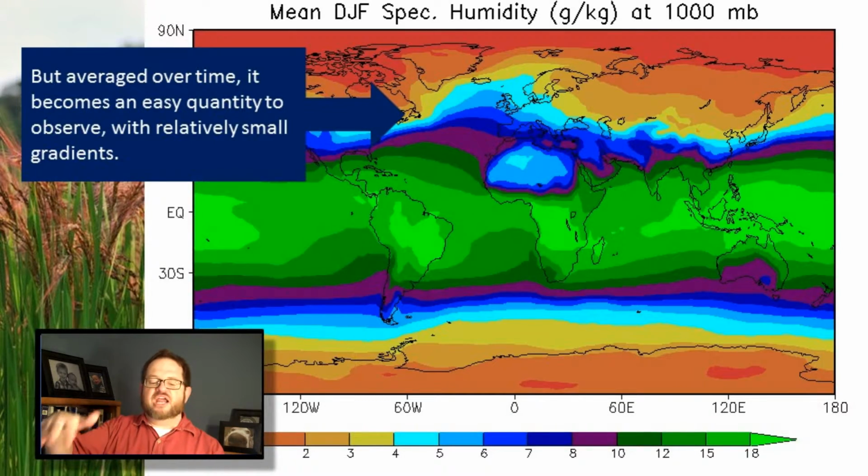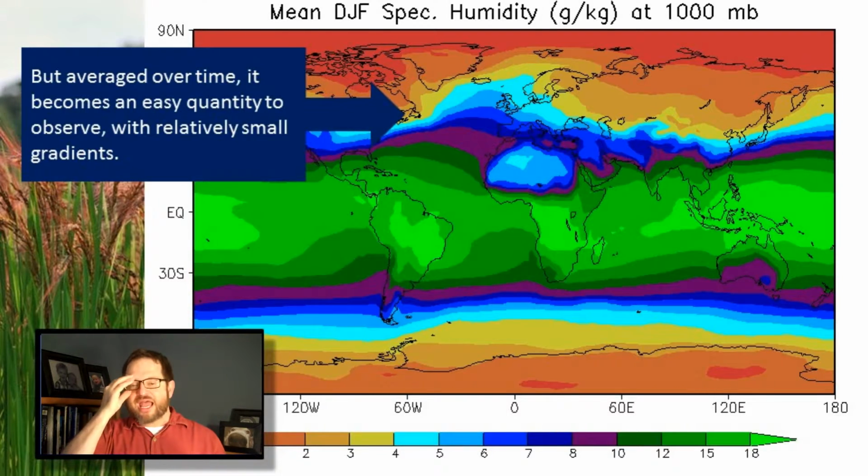We see, oh, it's drier over deserts, it's drier over polar regions, it's more moist in tropical regions. Because the patterns of humidity are smoother and easier to measure, and there's ground truth, we can go out there with in-situ measurements, measure ground truth, and then calibrate satellites against it. This is a relatively easy thing to work with.